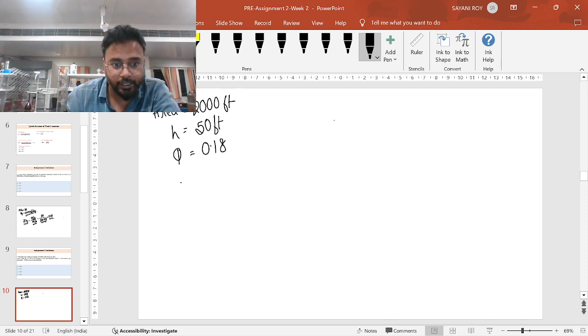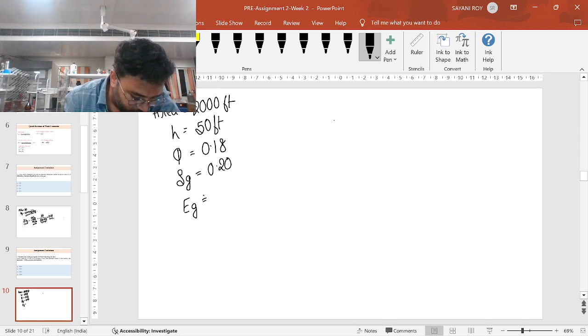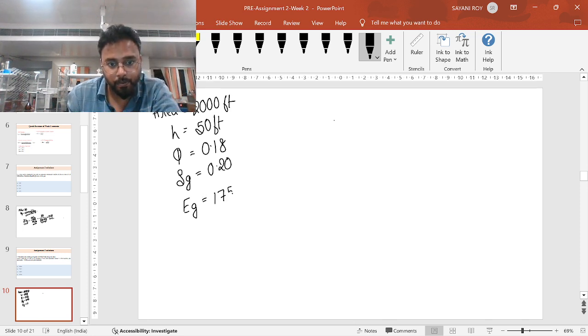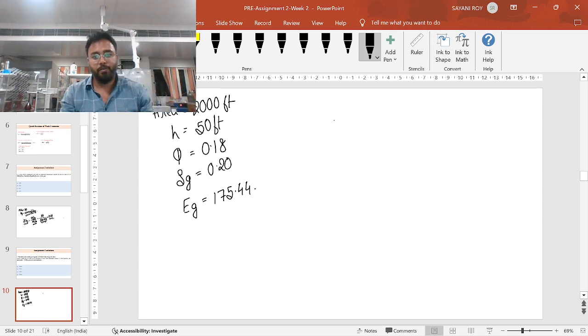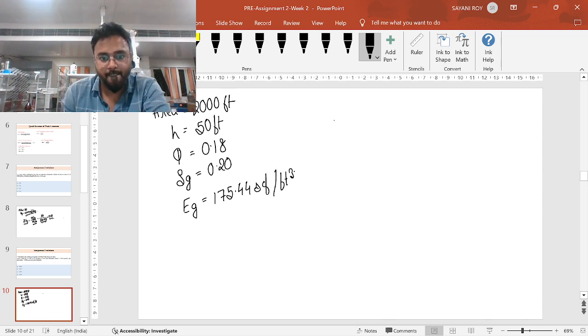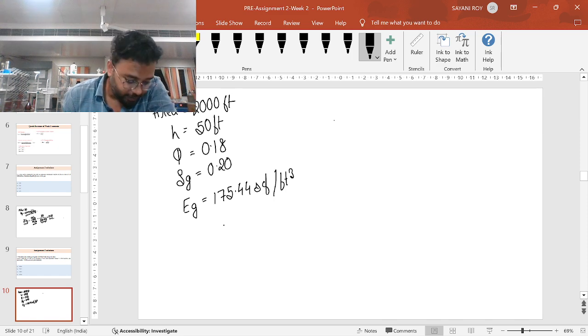Gas saturation is 0.20, and gas expansion factor is given as 175.44 SCF per cubic feet. So first you have to find the gas formation volume factor.